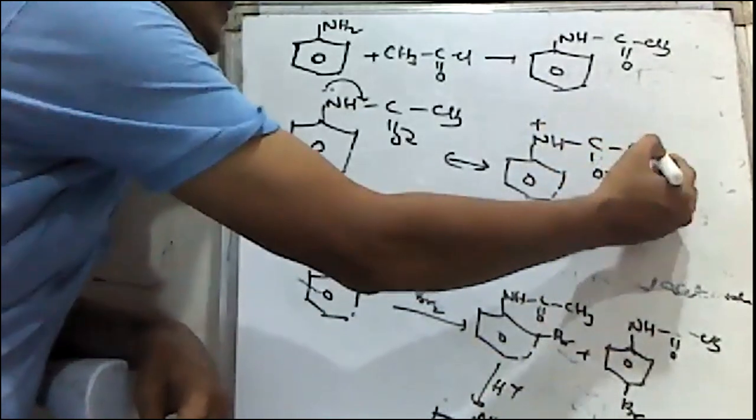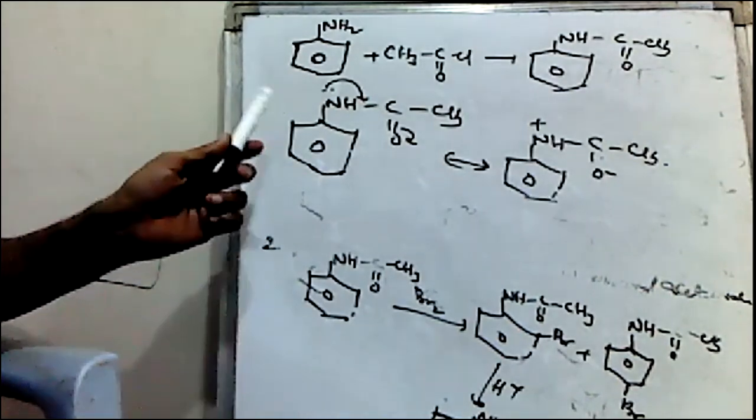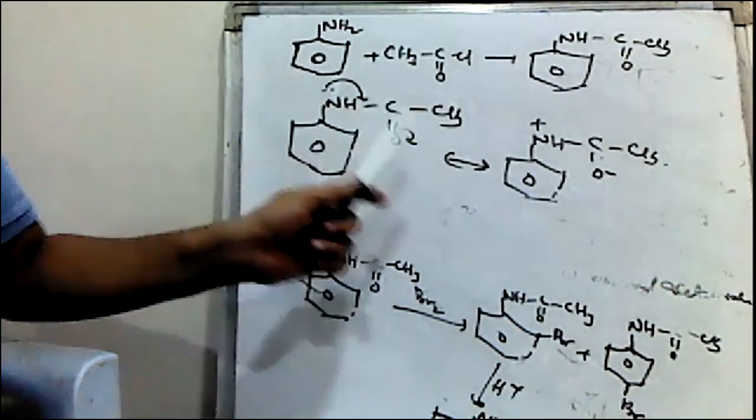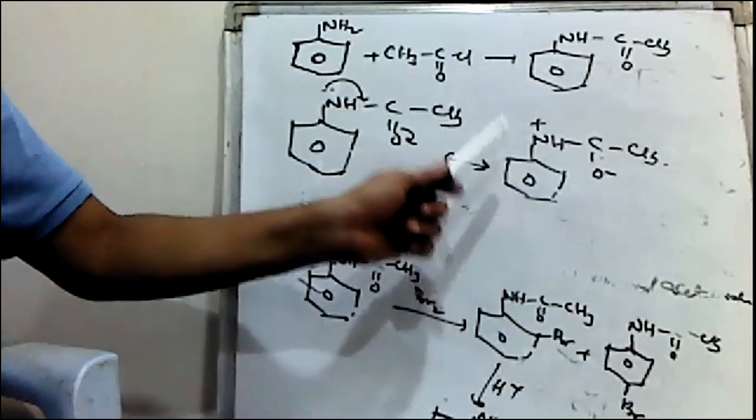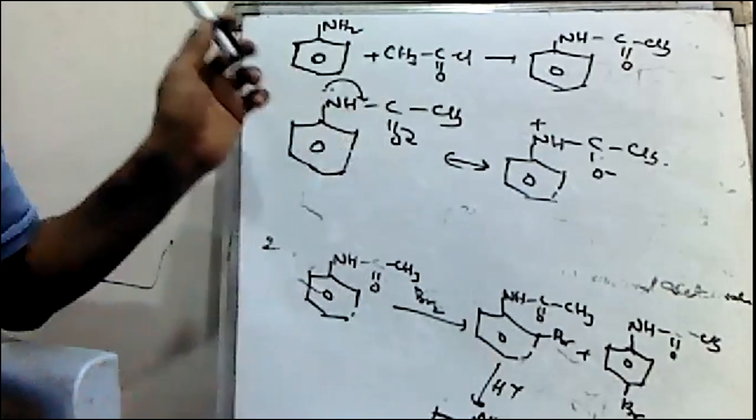Hence, the availability of the lone pair of electrons decreases. That's why its ring activating effect also decreases.